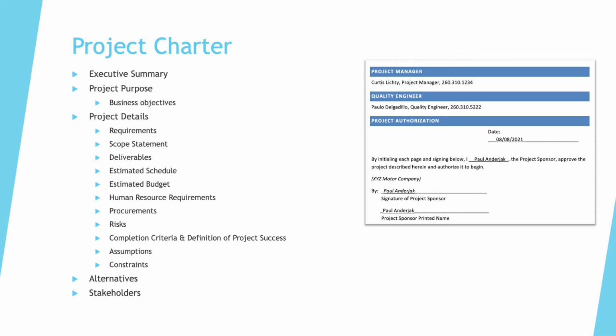Human resource requirements. This project has accounted all the key individuals, such as our project manager, Curtis Lichty, our process engineer, Daniel Johns, our quality engineer, me, Paulo Delgadillo, our gear developer, Matt Heil, James Pulley, our supplier quality engineer, and Shannon Andrews, quality manager for ABC Forging, our supplier.